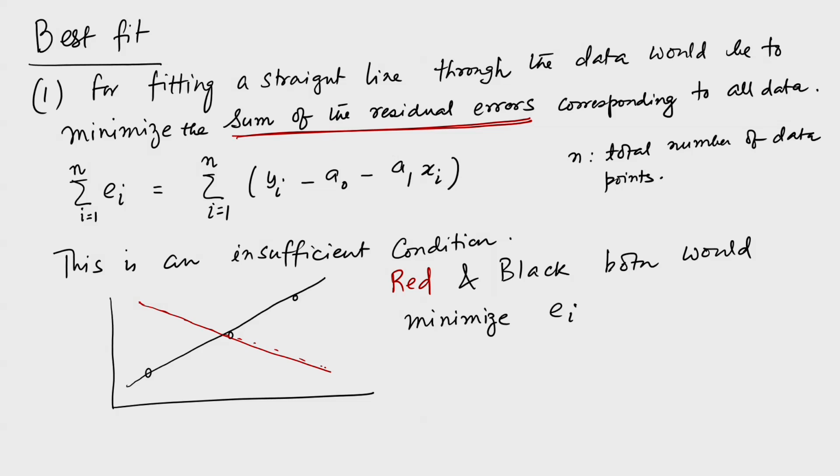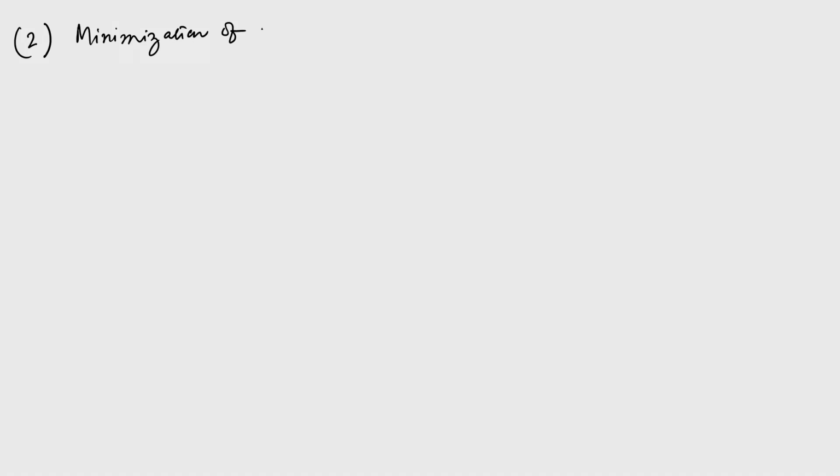And if we look at a slightly better one, this is number 2, and a more logical one, at least it seems like, is a minimization of the absolute values of the discrepancies.